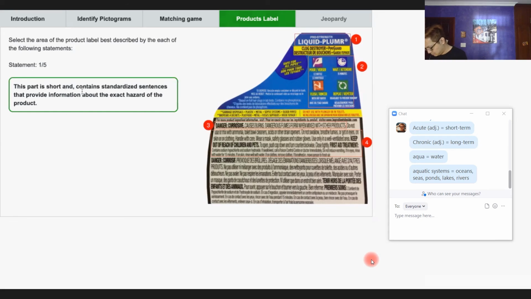This part is shown and contains sentences that provide information about the exact hazard of the product. Liquid finger, pro-strength clog destroyer. This one is the one that we use to unclog the kitchen sink and maybe to unclog the toilet, you know, like clean it.